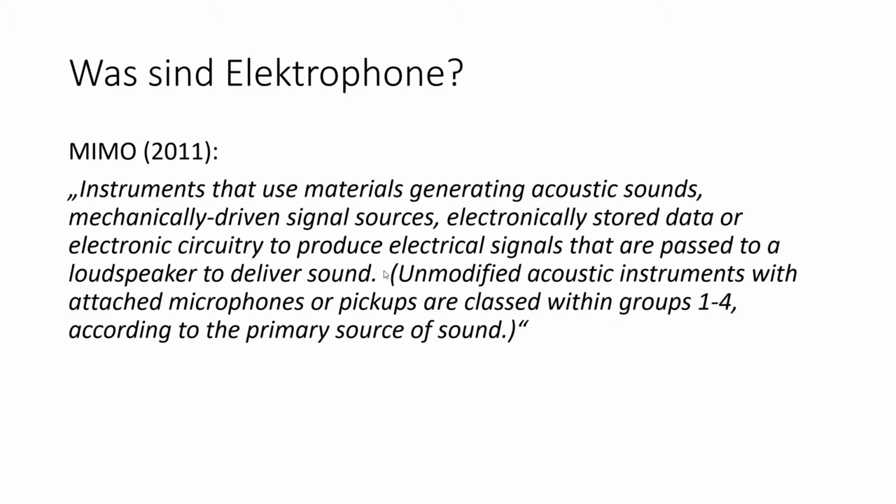They say that unmodified acoustic instruments with attached microphones or pickups are still classed into the other groups. Group 5 is electrophones, so they're grouped within groups 1 and 4 according to the primary source of the sound. So if you put a microphone to a ukulele, it is still a ukulele. It's still a chordophone and not an electrophone.